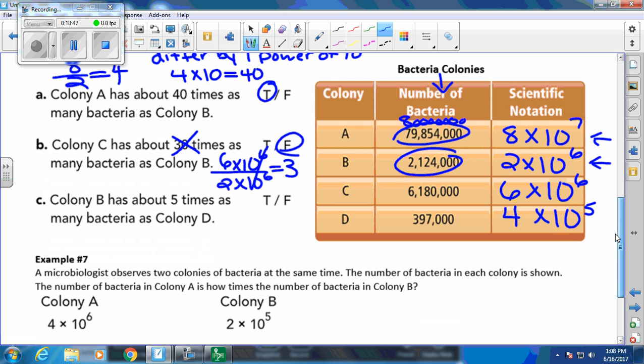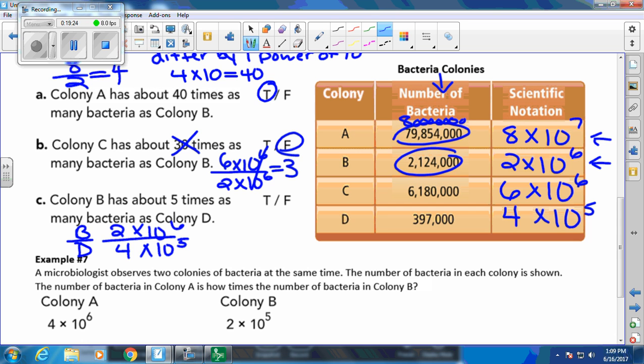And then the last one says that colony B has about 5 times as many bacteria as colony D. So they're saying colony B is larger than colony D, and colony B is 2 times 10 to the 6 divided by 4 times 10 to the 5th. At first you might be saying, well, doesn't it look like D is larger than B because the 4 is larger than the 2?